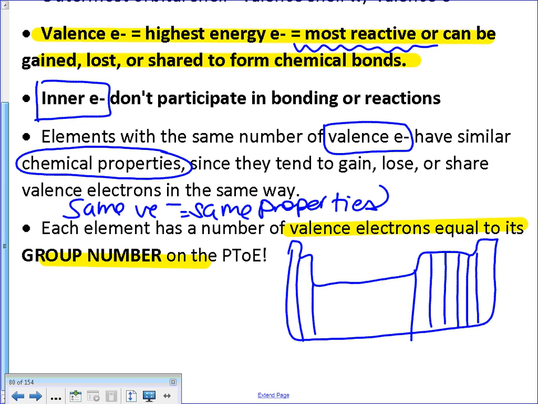This is 1 electron, 2 electrons, valence electrons, 3, 4, 5, 6, 7, 8. Those are the valence electrons. They are based on their A group numbers, groups 1A through 8A.